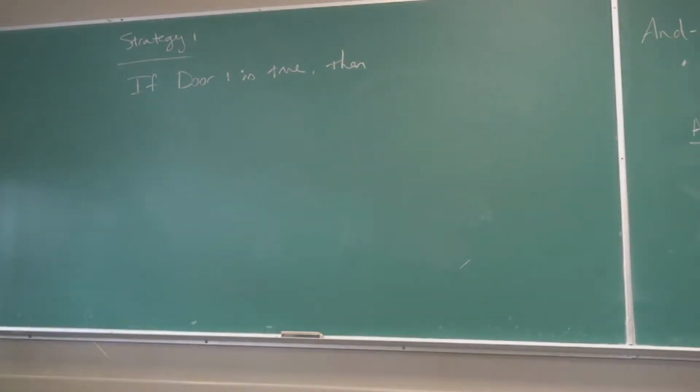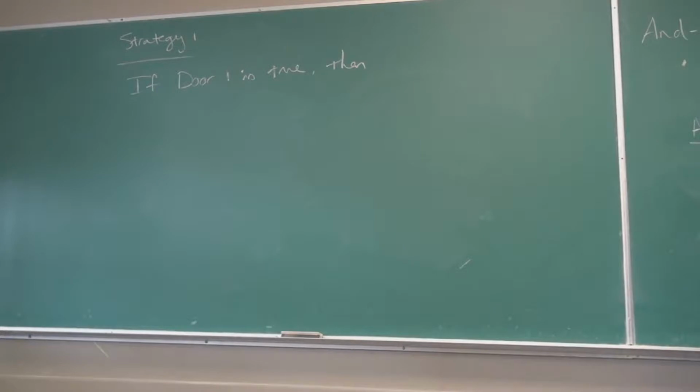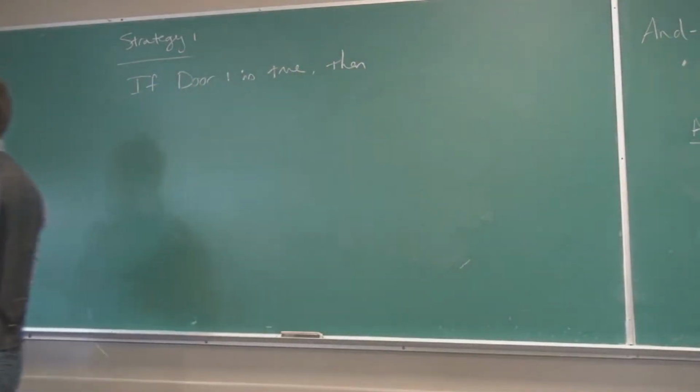When I have to go and look, I have to read the signs over and over because I really need to be comfortable with what they're saying to use that information. Let's suppose door 1 is true. And door 1 says, in this room there is a lady, and in the other room there is a tiger. If I assume door 1 is true, then exactly what it says is what's happening.